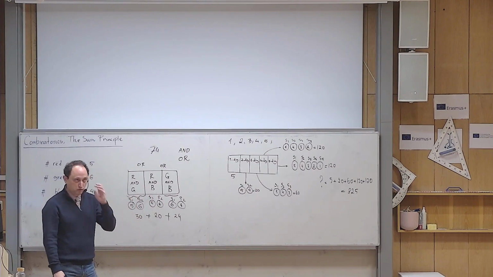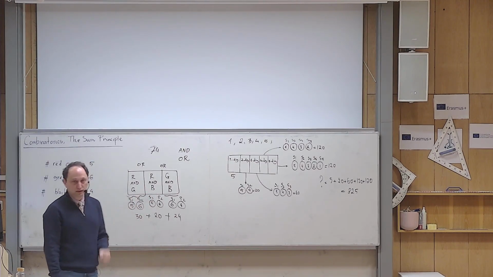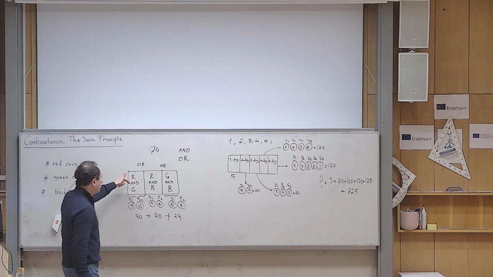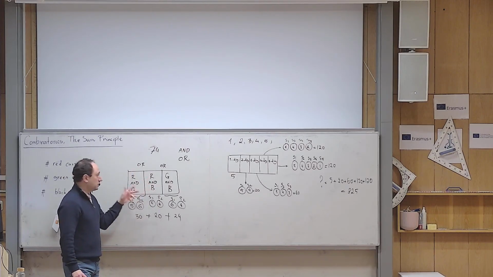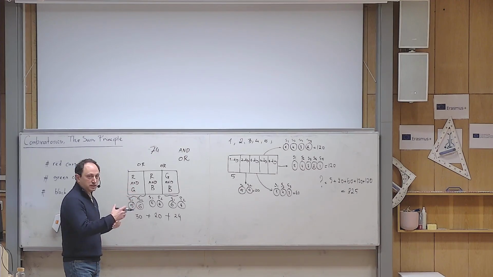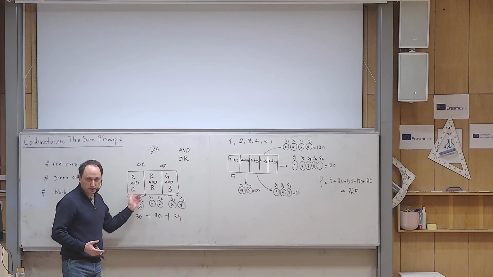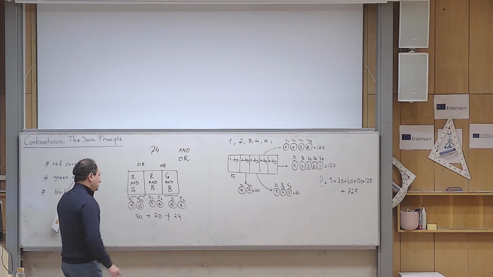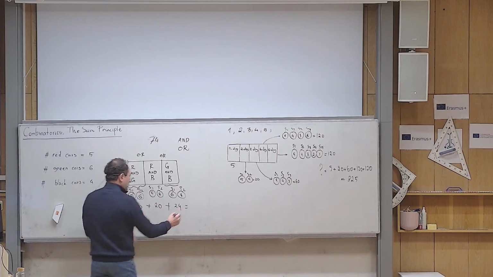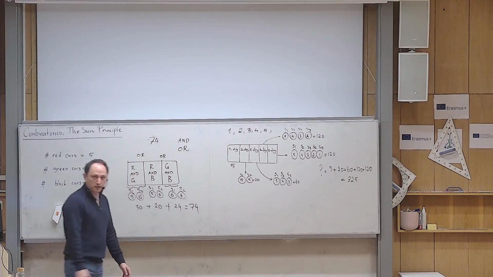Whenever you want to use the sum rule, there is only one thing that you have to be careful about: there is no overlap between these cases, because if I choose a red car and a green car, it cannot be the same. It cannot be simultaneously a red and a black car. So these options are completely disjoint. So the answer to this will be 74. Yes, that's correct.